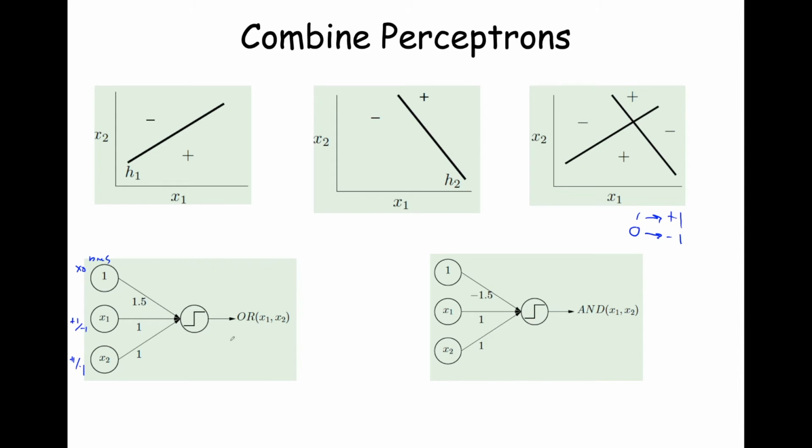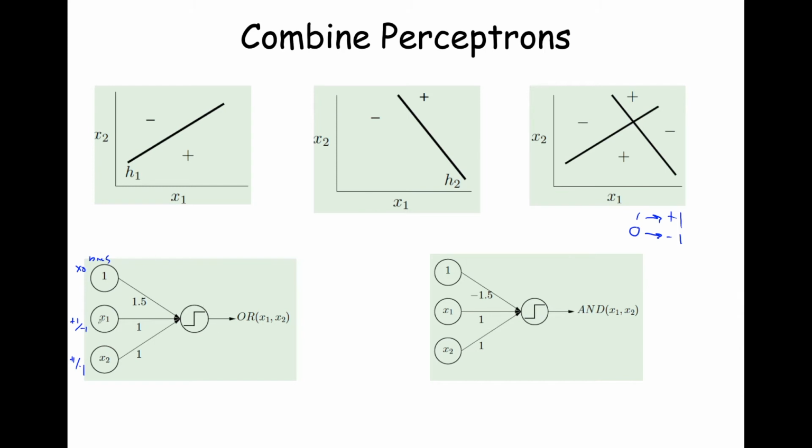So OR says when both of them are binary 1, the output is 1. Otherwise, if one of them is 1, the output is 1. But if both of them are 0, the output is 0. So at least 1 is a binary 1. So let's test this out.